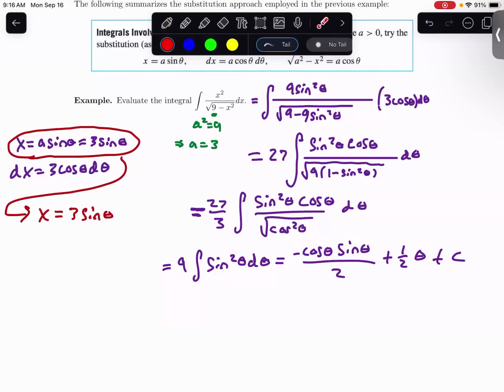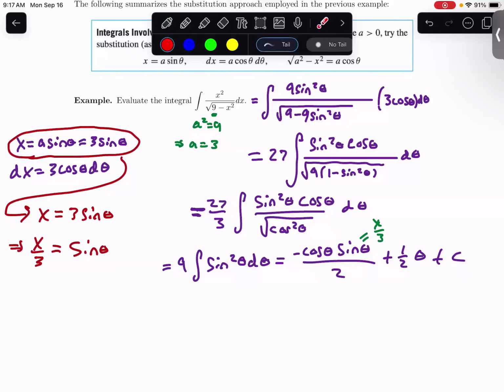And so we have a sine theta we want to translate in terms of x. So what we can do is we can divide both sides by 3 to get that x over 3 is equal to sine theta. So this is what our sine is. We know sine is equal to x over 3. So that's one piece of information that we were able to write back in terms of x.